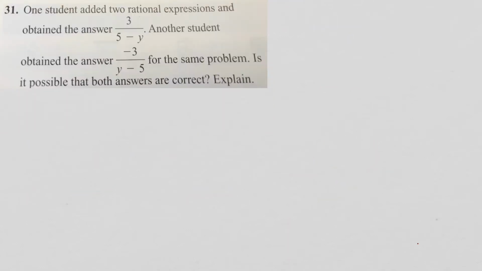Okay, so the question is, could both of these students who have what seem like different answers both be correct? The answer is yes, they're the same answer. If you notice, this is a positive 3, this is a negative 3, so those are opposites of each other. But 5 minus y and y minus 5 are also opposites of each other. So if you have the opposite on the top and on the bottom, you actually have the same fraction.